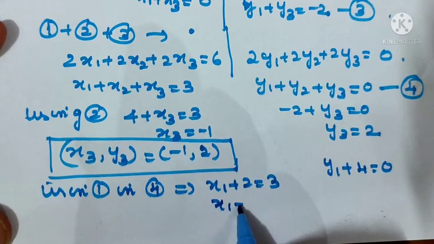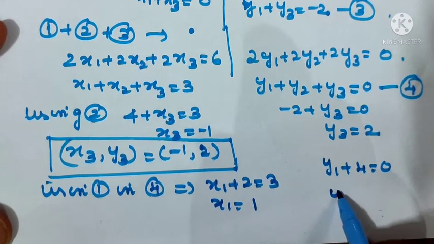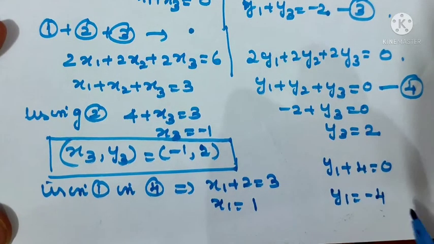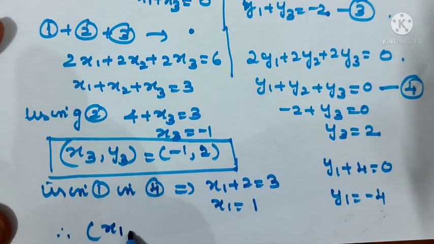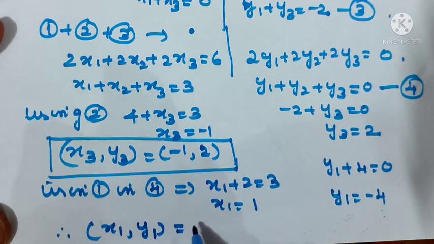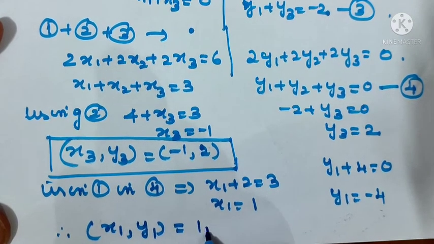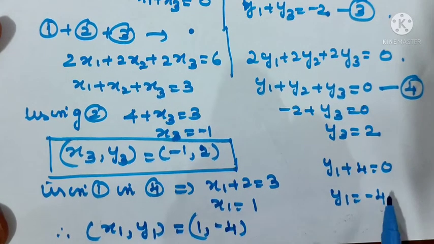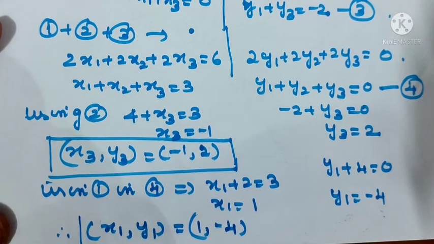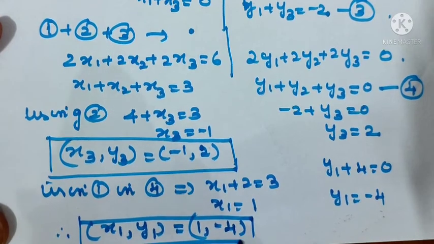So x1 equal to 1 and y1 equal to -4. Therefore the coordinate (x1, y1) equal to (1, -4). I'll make it in a box. Now the last part.